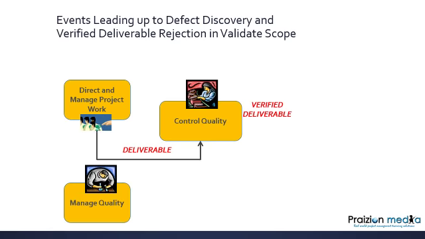A verified deliverable is a deliverable that has passed the control quality process, in that it's been inspected and it's passed the test. Now, my friends out there, can you tell me? Verified deliverable becomes an input to a project management process.